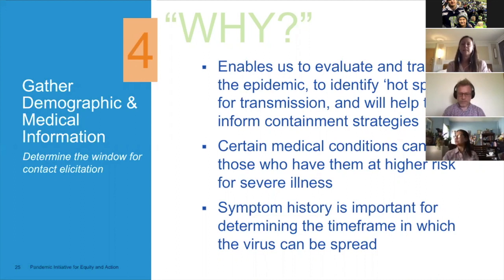As an island of Guam, there's situation reports coming out. We really want to be able to evaluate and track who is being infected, where are they, to help the Department of Public Health control and contain with improved strategies. So it's really just understanding the epidemic is why we want to know information about people.